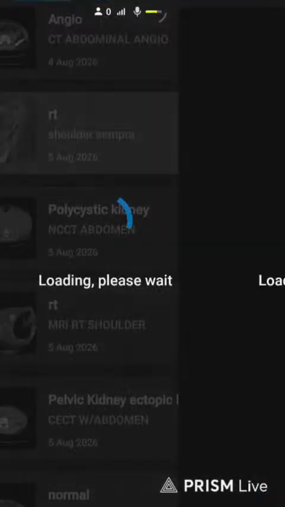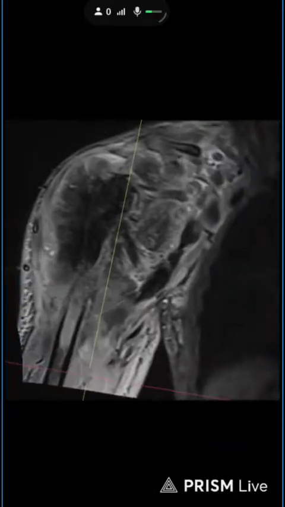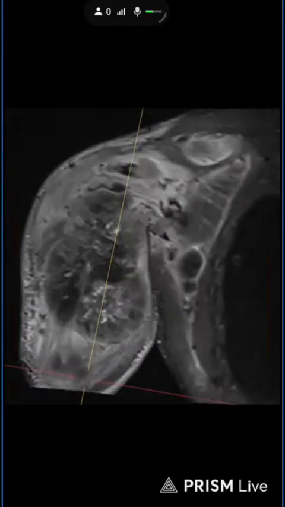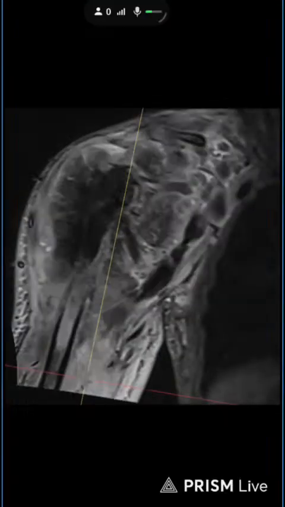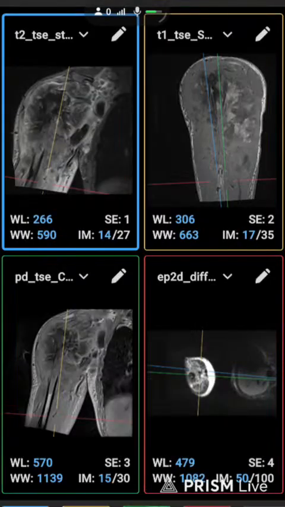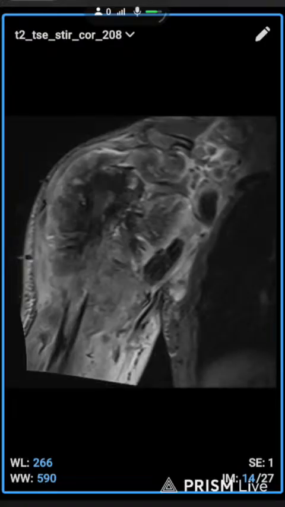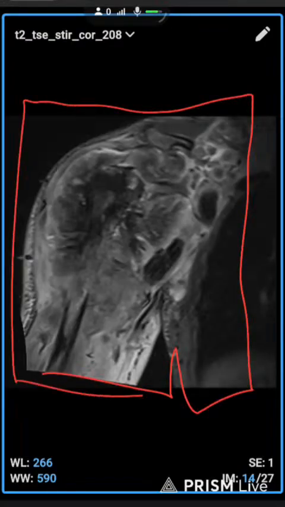This is one more patient, of the shoulder joint. Normally the shoulder joint is a single view. Here you can see this is the shoulder joint, but the FOV was a bit larger.